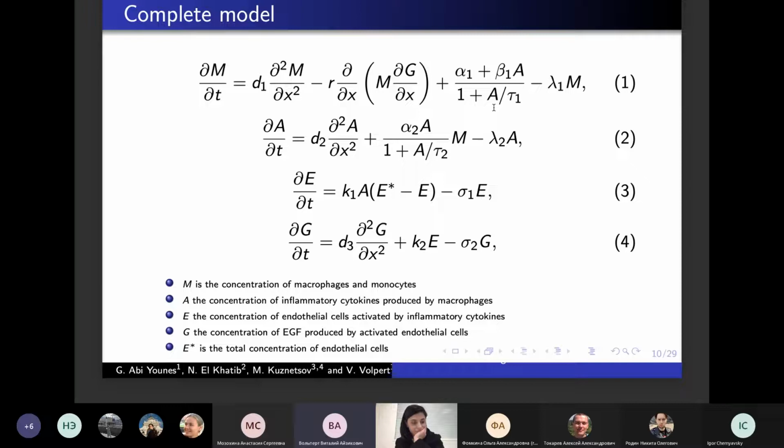It's absolutely true, and indeed we have also considered such two-dimensional problems with these nonlinear boundary conditions, which determine the influx of monocytes depending on the concentration of pro-inflammatory cytokines denoted A here.